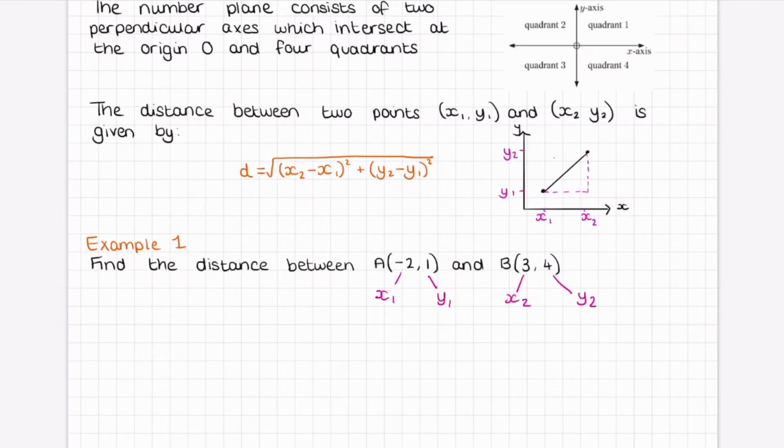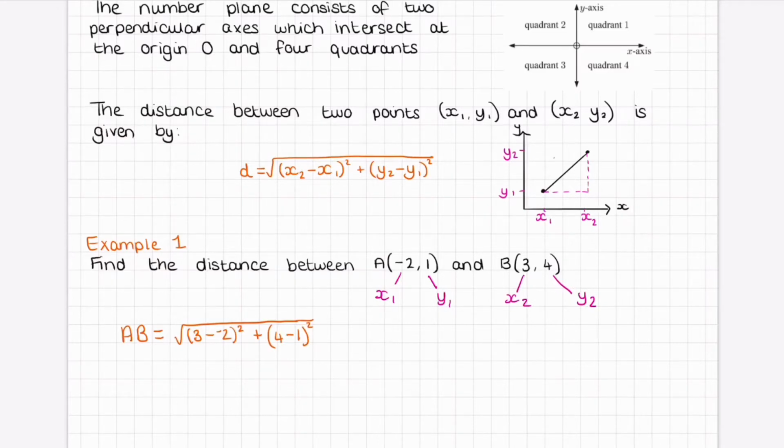So we want the distance between A and B. So I'm just going to write AB because that's the distance we're finding, equals, and it's going to be the square root of x2 minus x1. So we're going to have 3 minus -2 squared plus y2 minus y1. So we're going to have 4 minus 1 and that all squared.